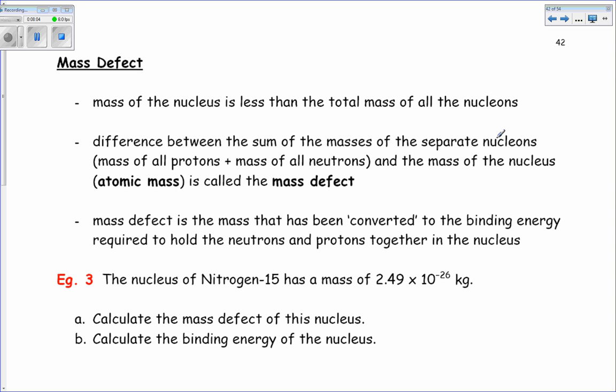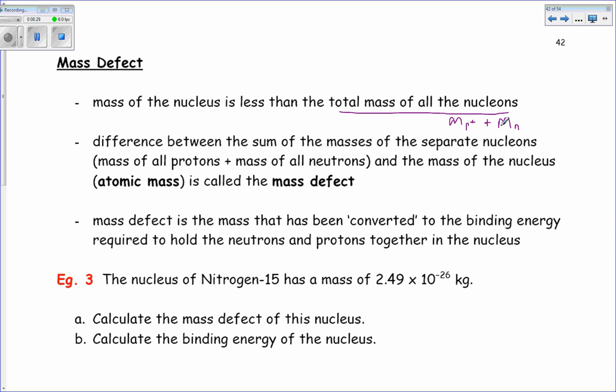So there's this thing called mass defect, okay? Mass defect is basically this: if you take the mass of the nucleus and compare it to the mass of all the protons and neutrons in the nucleus, so the total mass of all the nucleons, that's the mass of the protons plus the mass of the neutrons, there's a difference.